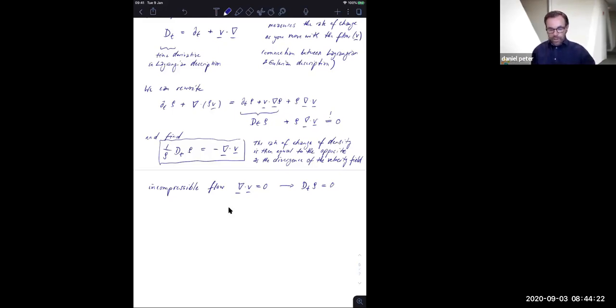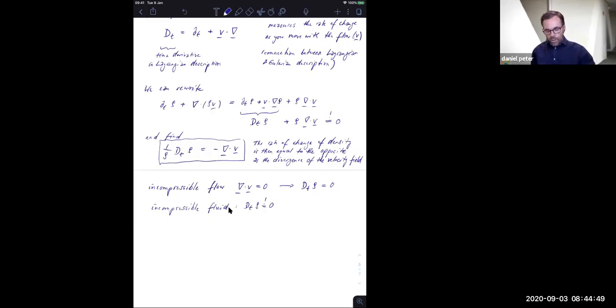Incompressible flow is basically what we see for fluids, which means that the material derivative of density has to be zero.